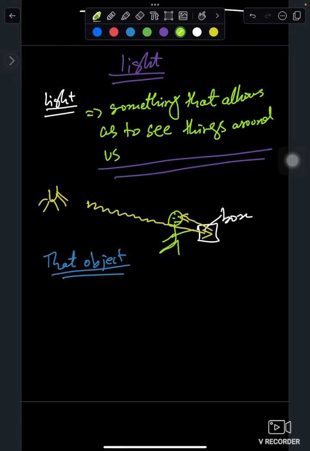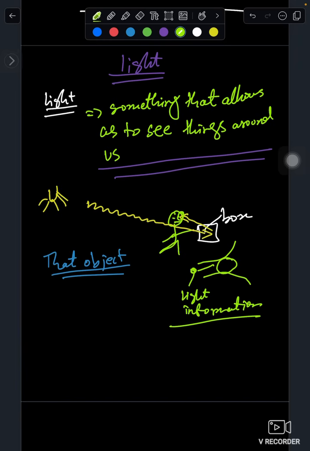The actual thing is that the light will hit that object, and the light reflected off that object will go to your eyes, and in your eyes, in the retina at the back, that light now has the information of what that object looks like.